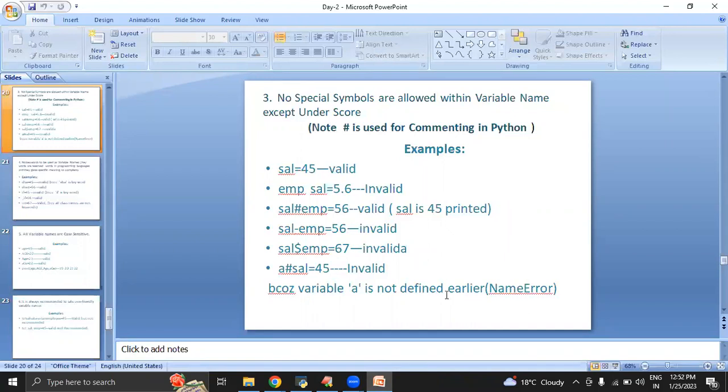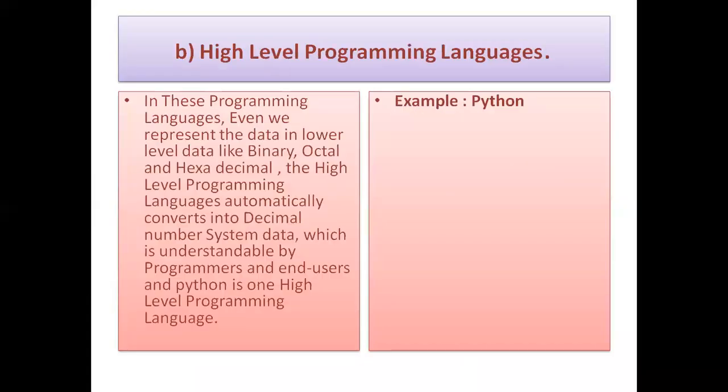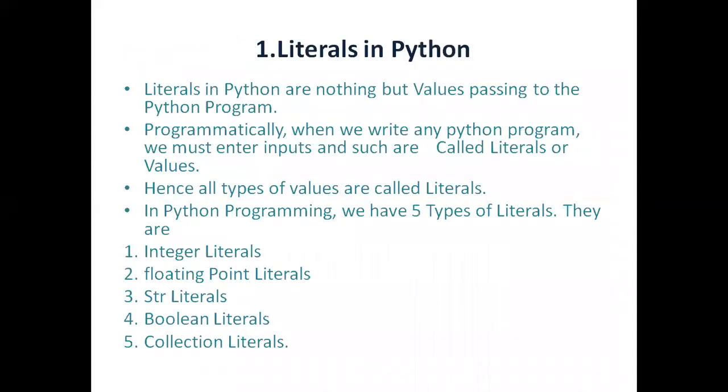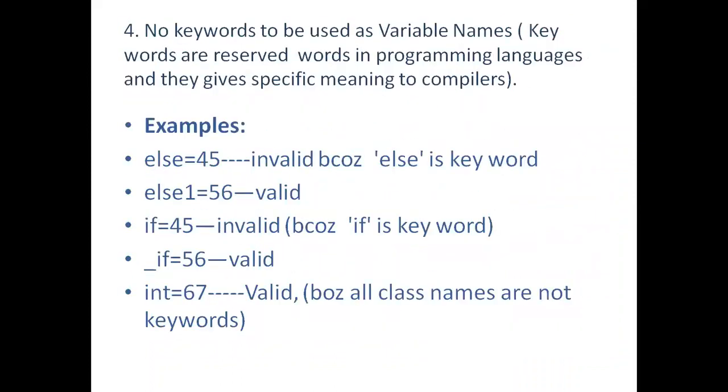A is not defined earlier. Okay, now let's go to the next point. No keywords can be used as variable names. Keywords are reserved words in programming languages and they give specific meaning to compilers. We were typing earlier also, else is equal to 45.